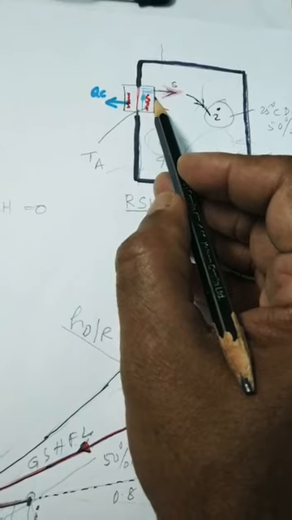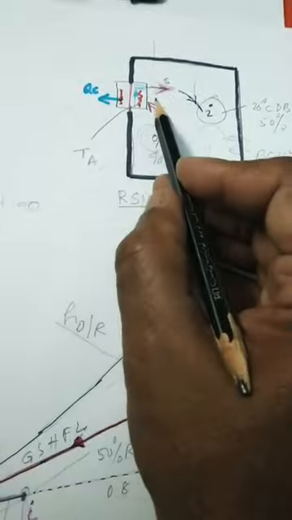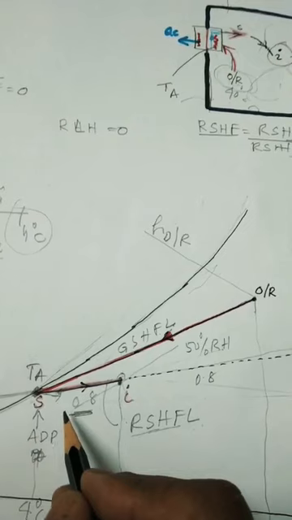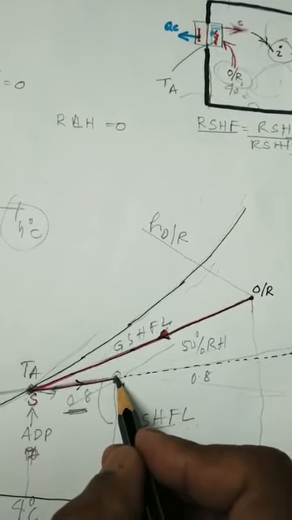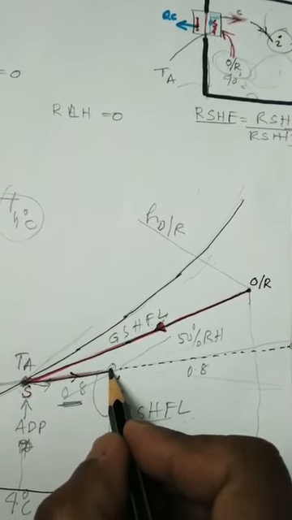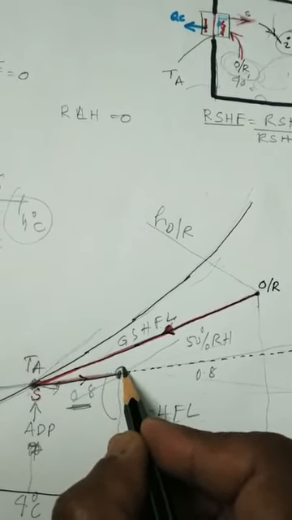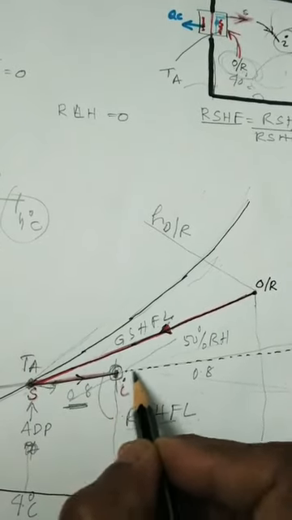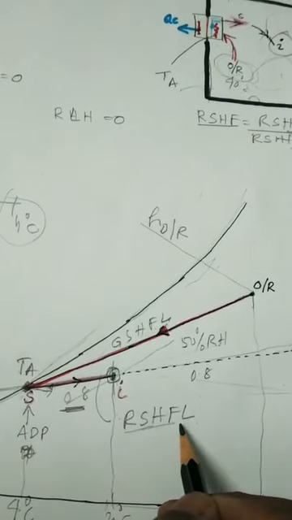Therefore, it humidifies and gets heated up, and during this process it follows a line which has a fixed value of room sensible heat factor and converts itself to, this is important, the final destination of room design condition and not beyond it. It will stop at this particular condition. So the train starts from here and ends here, not beyond. This particular small line is known as the room sensible heat factor line.